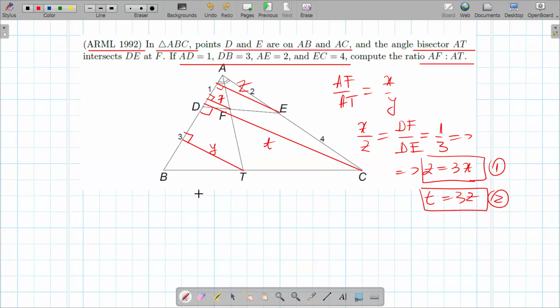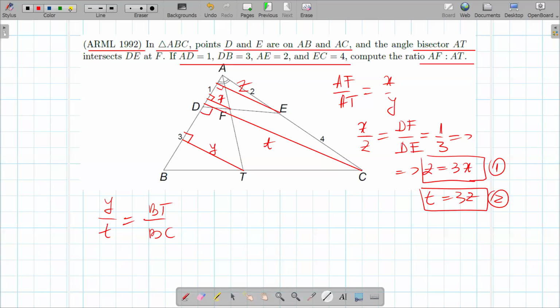In the sense that now, well, see, we've got this triangle here is similar to this triangle here, no? So if you write the similarity ratio, Y over T, that is equal to BT over BC, no? So BT over BC.